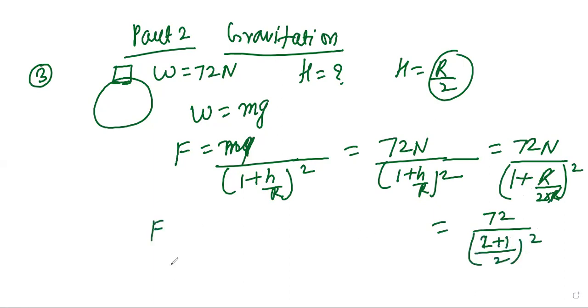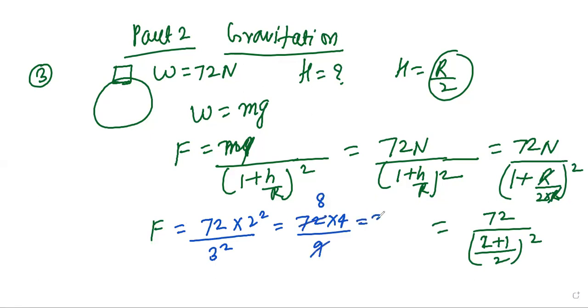So it is nothing but 72 divided by 3 whole square upon 2 whole square. So it is 72 into 4 upon 9. So it is cancelled with 8 times. So force is 32 Newton. Right, it was asked in 2020, phase 2.